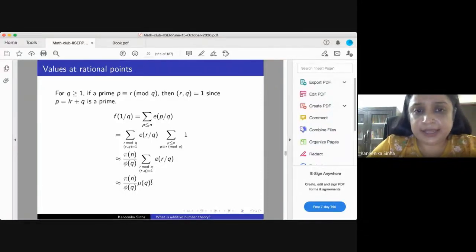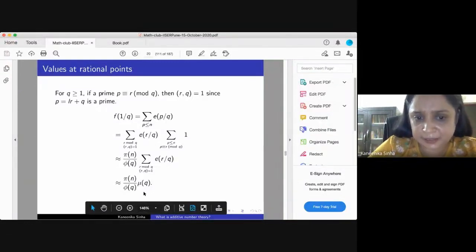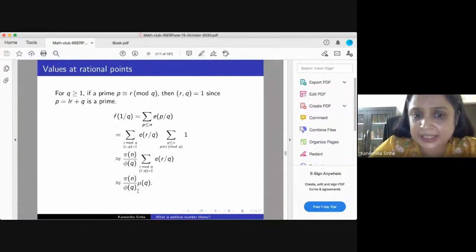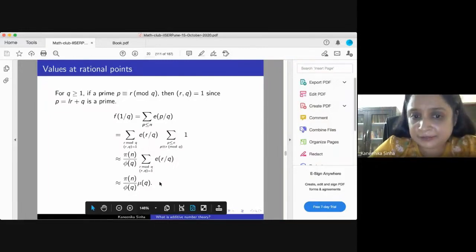Now notice, let's look at the final expression. As the denominator q keeps growing, phi of q will also keep growing. So in terms of absolute values, 1 over phi of q will go to 0 as q goes to infinity.